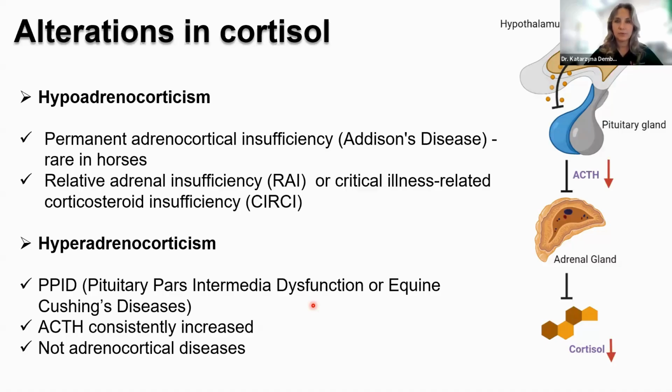In some horses with PPID, we also see increased cortisol production, but it's not consistent. It is important to mention that PPID is not adrenocortical disease. It is pituitary pars intermedia dysfunction. And in those horses, ACTH is consistently increased, but not cortisol, in some of them but not all of them.